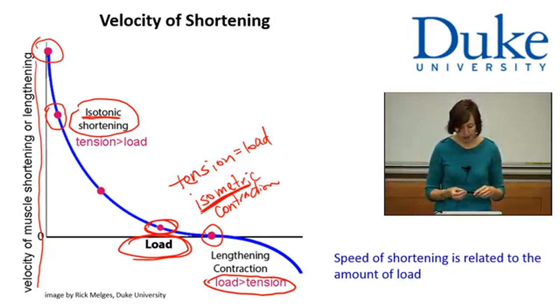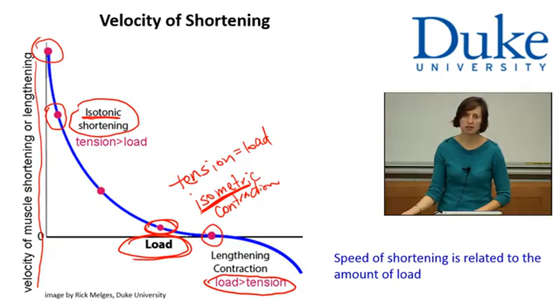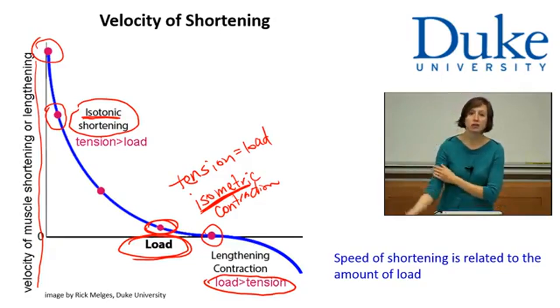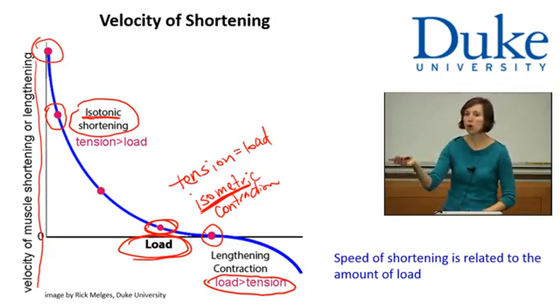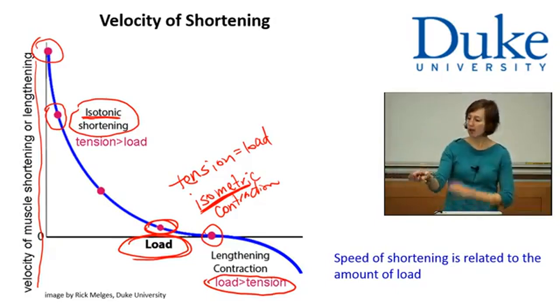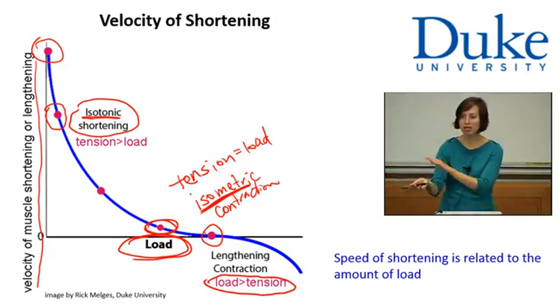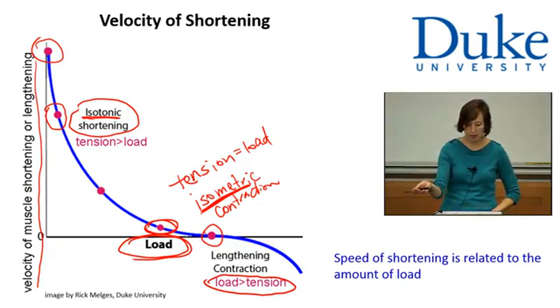The interesting thing to think about is how we use these different states of muscle just in everyday life. So, for instance, if I want to pick up the stylus, then I'm going to make the tension in my muscle greater than the load, and so the muscle will shorten. If I want to just hold this in the air, I will make the tension in my muscle equal to the load of the stylus, and that will be an isometric contraction, and I'll be able to just hold it.